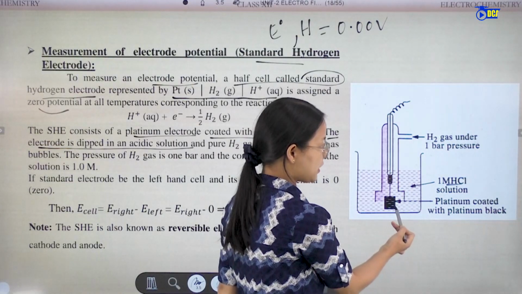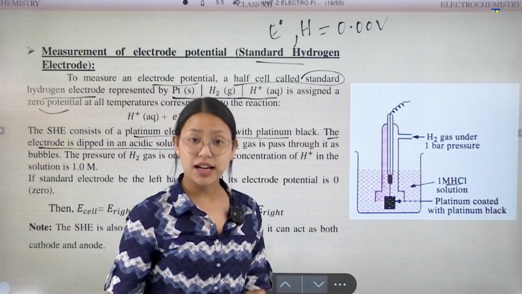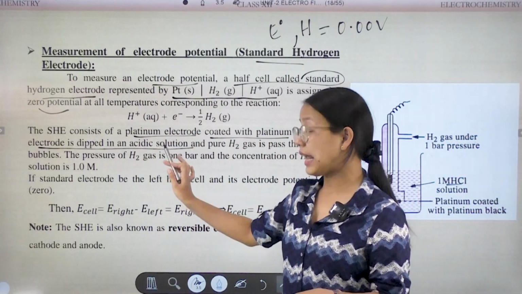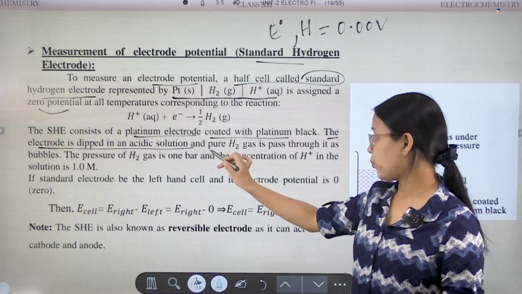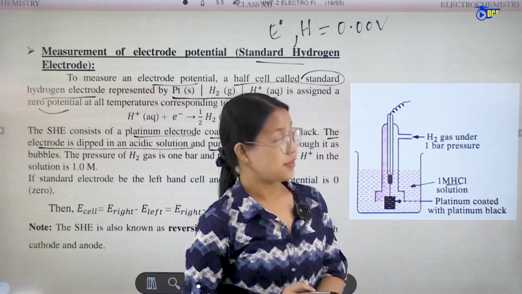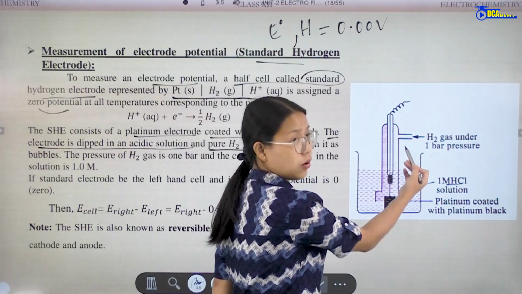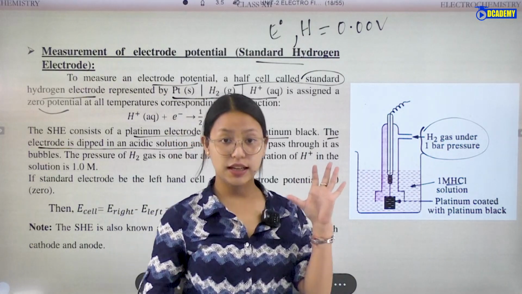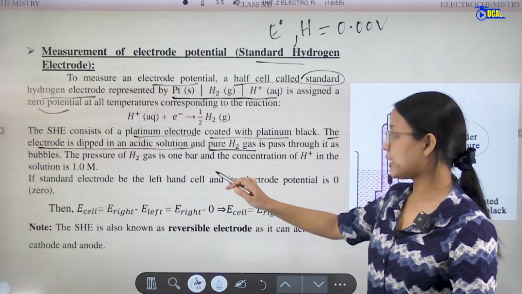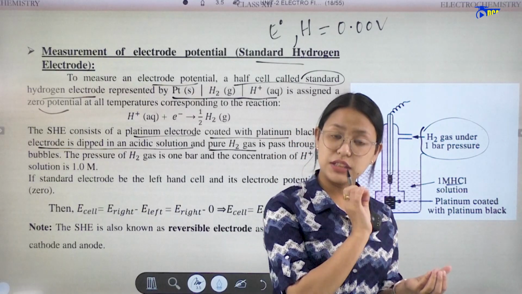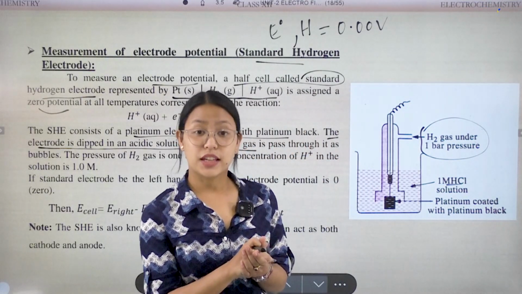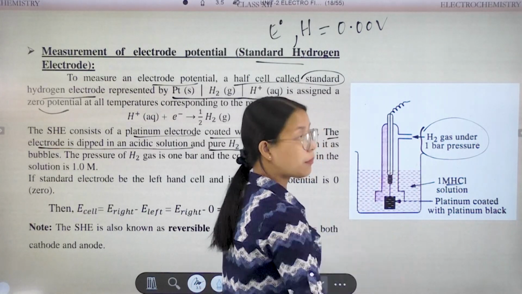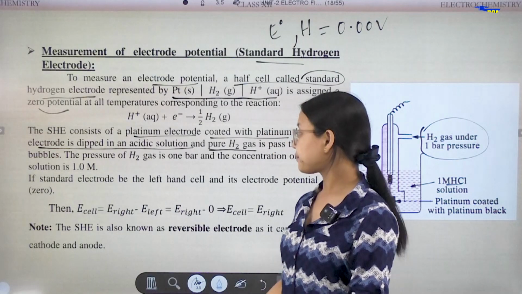The whole electrode, that means platinum as well as hydrogen gas, is in the standard hydrogen electrode solution. The electrode is dipped in an acidic solution and pure hydrogen gas is passed through it, evolving as bubbles.